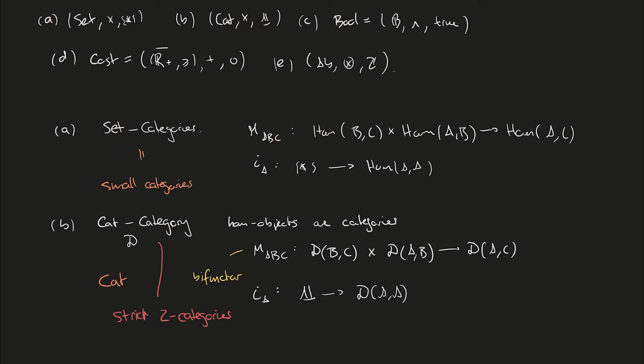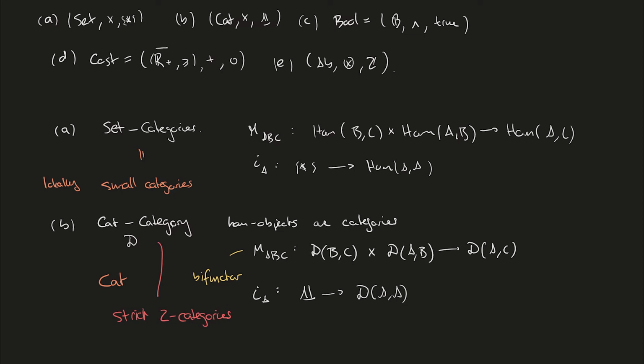I'm noticing that there's some size issues with the definition I gave that requires the objects of an enriched category to be a set, but I'm just going to ignore this for the moment. So in general, Set categories would be locally small categories if we allow some arbitrary collection of objects in our enriched category, and in this case, the category of small categories, Cat, would actually be a Cat category if we allow some arbitrary collection of objects.